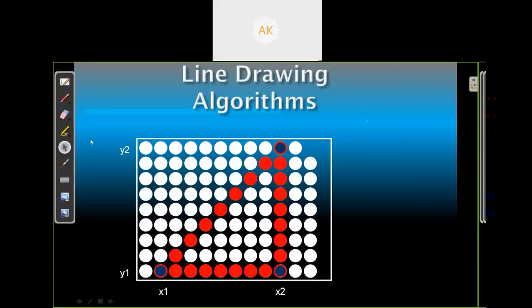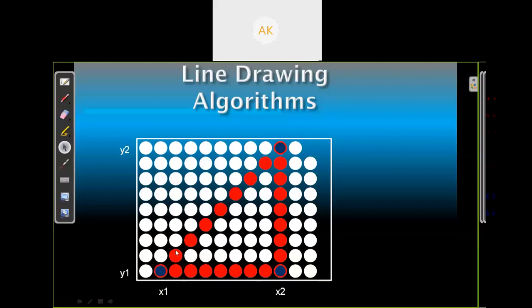So line drawing, how can we draw a line? To draw a line, we have 2 points, a start point and an end point. We are given these 2 points and just connect them. To connect them, we have to find the intermediate points.